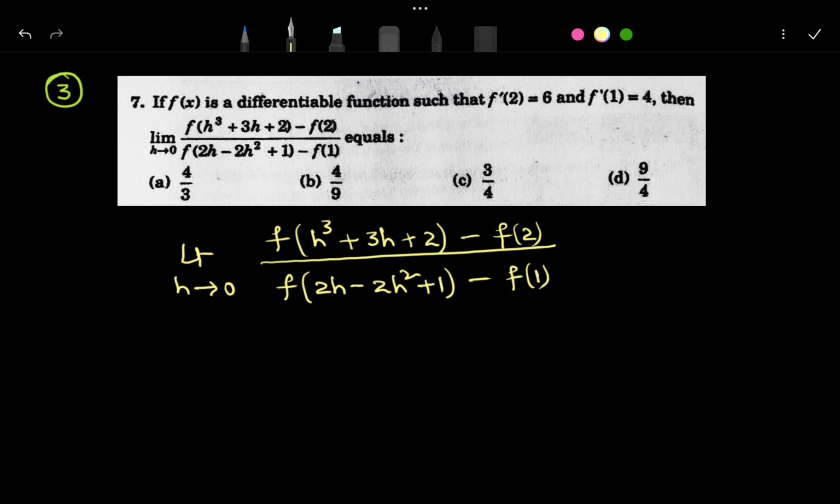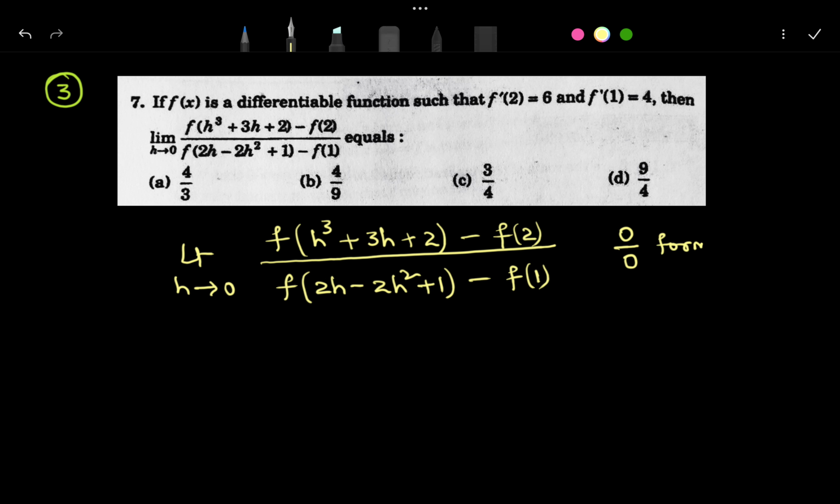Okay, see, by substituting h equals 0, the numerator value will be f of 2 minus f of 2, denominator will be f of 1 minus f of 1. So it will be 0 by 0 form.